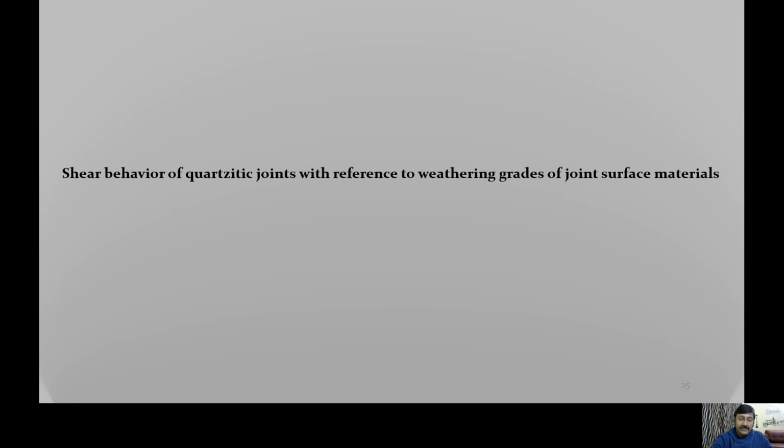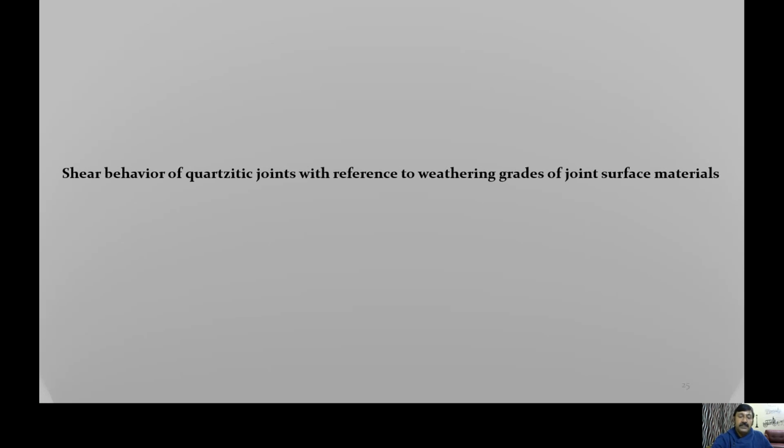So there are two ways to deal with this problem. One is to collect rock blocks from the field and go for saw cutting and then perform direct shear test on the saw cut surfaces. But this is far from reality because these are not real natural rock joints.